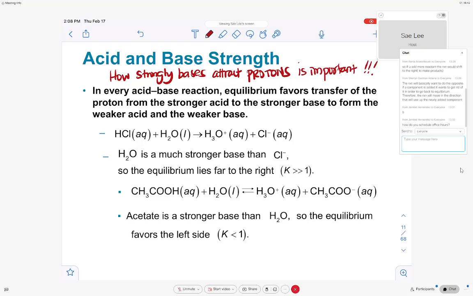Let's take a look at the first reaction. On the reactant side, water is a base, because it's receiving a proton. On the product side, chloride is the conjugate base of hydrochloric acid.